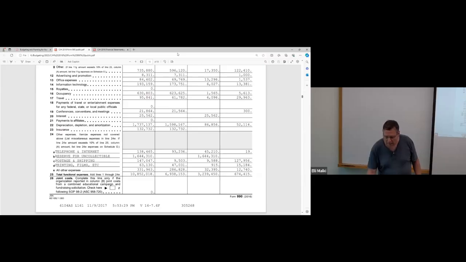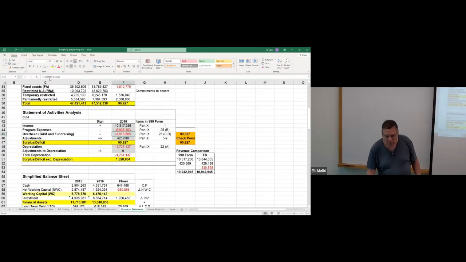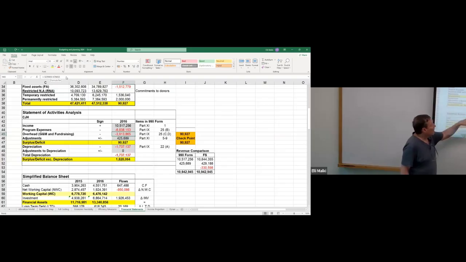We enter them in one line here in the Excel. Okay, you can see in the upper part as overhead expenses, and it says in the title General Management Fundraising, so you won't get confused. Both of them with a minus sign, and it says here a minus sign.